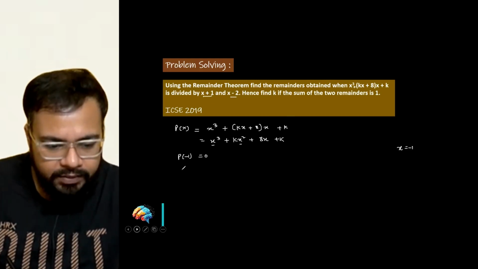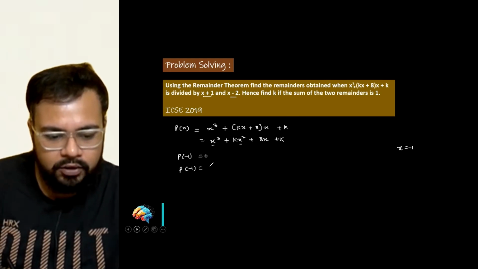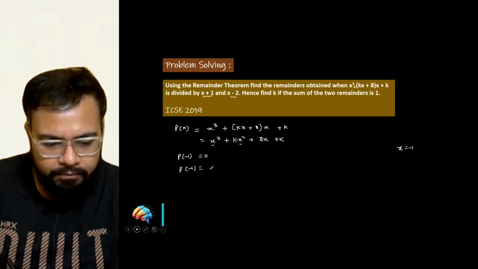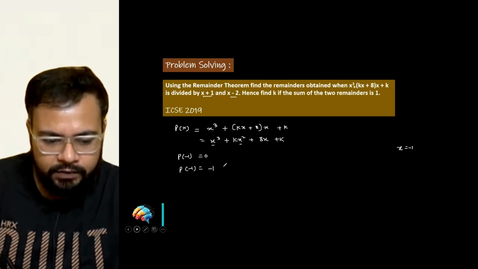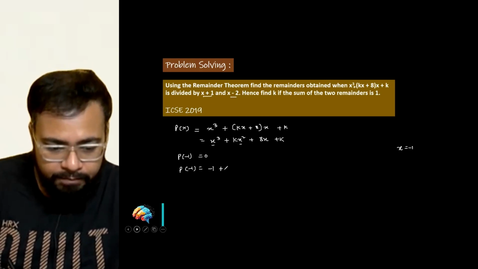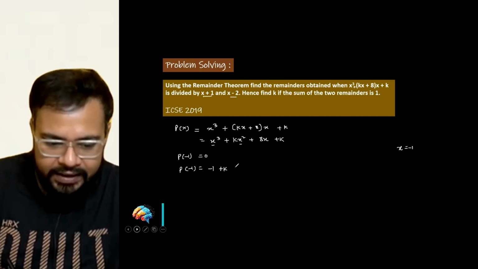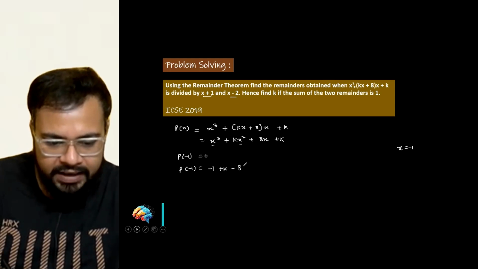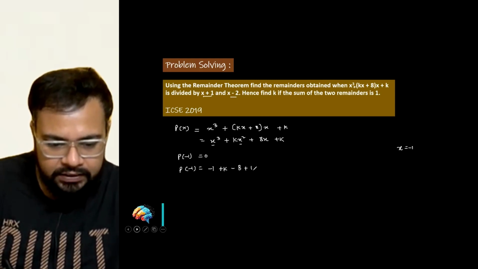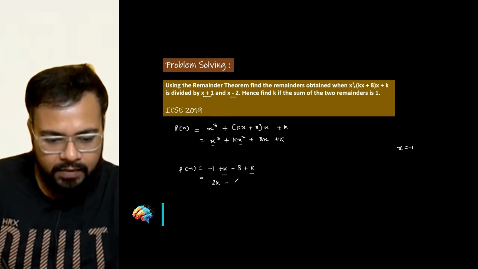So here we get p of minus 1 is equal to, I'm doing it directly, minus 1 cube is minus 1 plus k, because minus 1 square is just plus 1, minus 8 plus k, 2k minus 9.